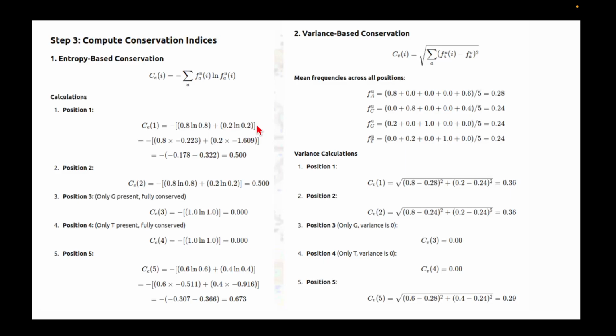Multiplying some value with zero again leads to 0, so removing them doesn't affect the result. So at position 1 the entropy based conservation score is 0.5. Similarly I have calculated for other positions as well. I'll upload this slide, do go through it.